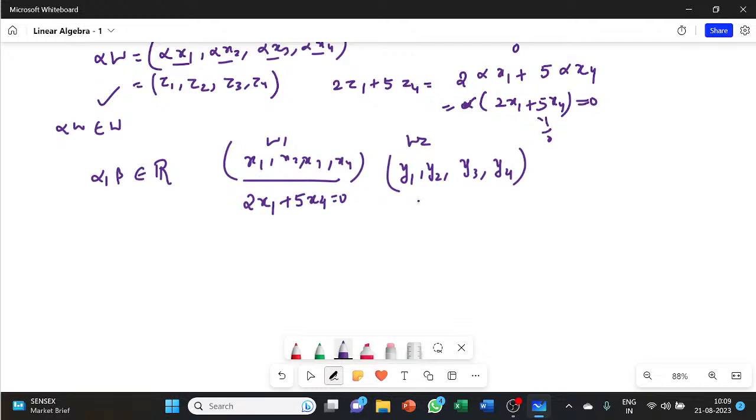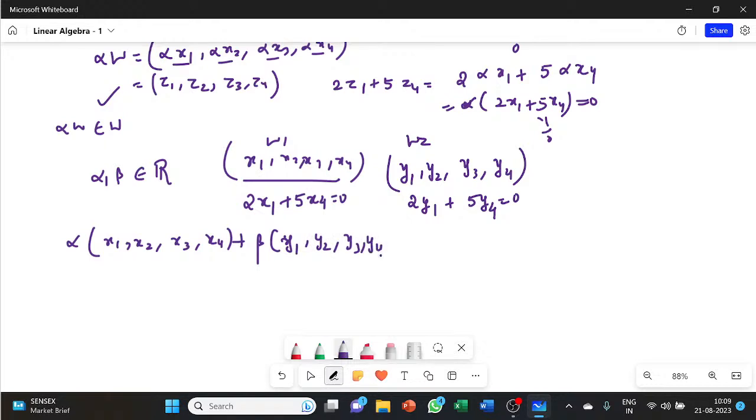And to remain in w2, your 2y1 plus 5y4 must be equal to 0. Now if you take alpha times x1, x2, x3, x4 plus beta times y1, y2, y3, y4, what are you getting?